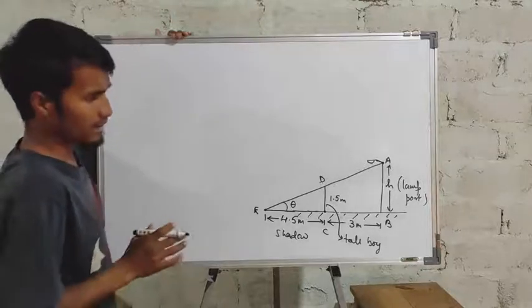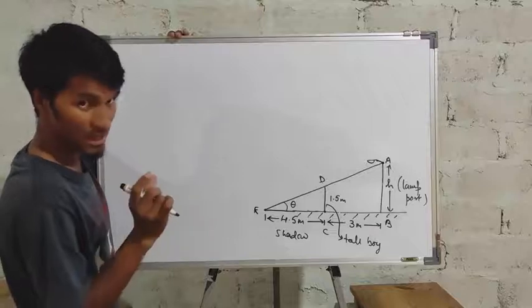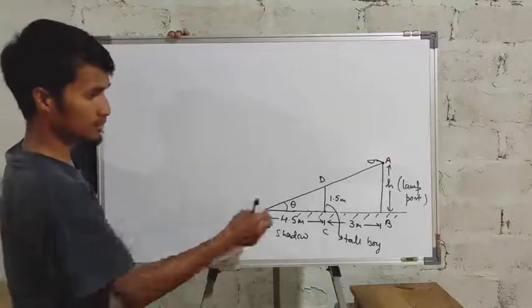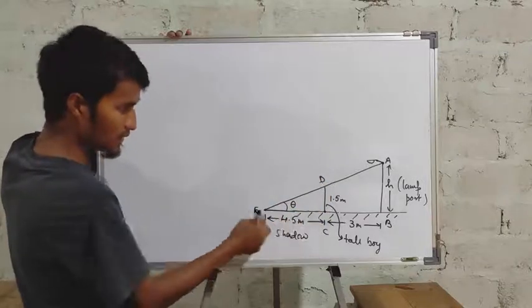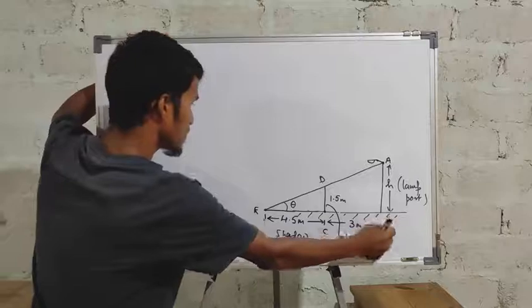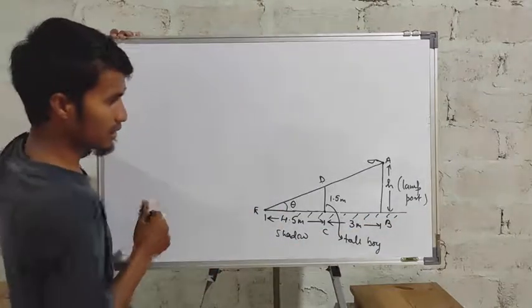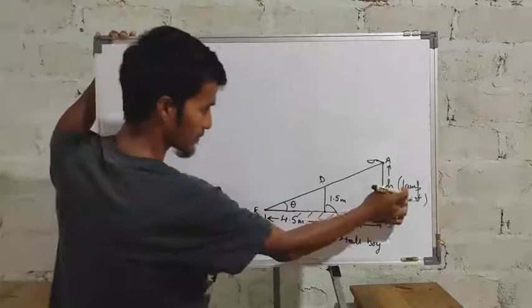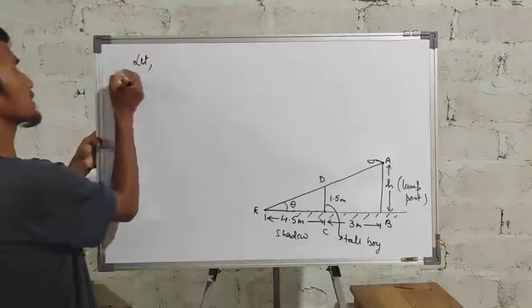Again, for starting, we have to check here. There are 2 triangles with the same common angle, that is theta. This triangle DCE also has theta, and this triangle AEB also has angle theta. Then they have a relation here. Now we need to find H. Always start with let.